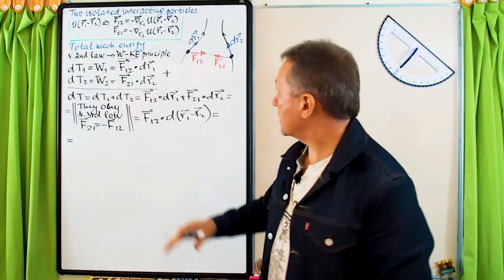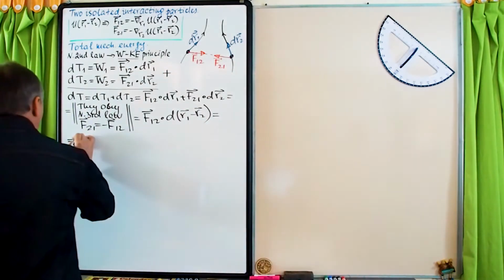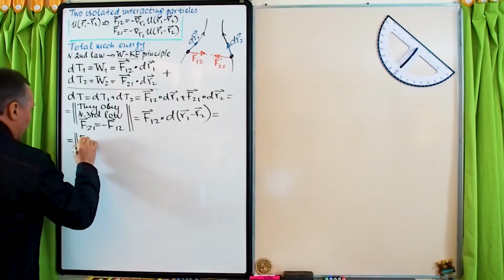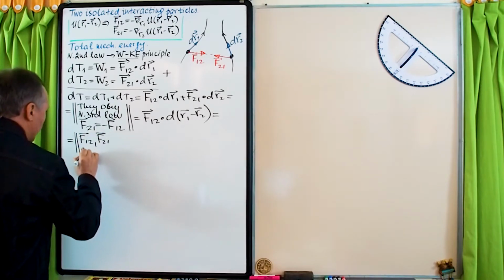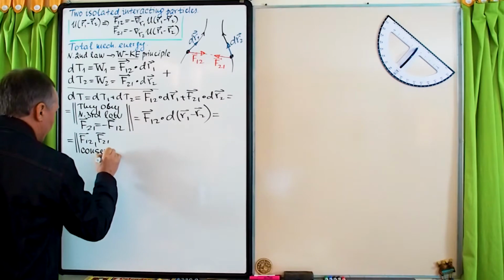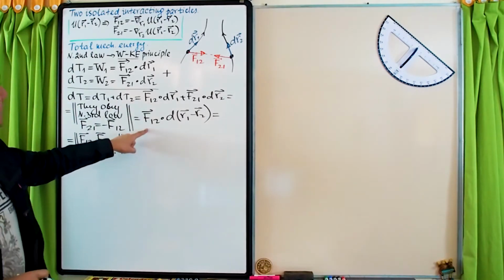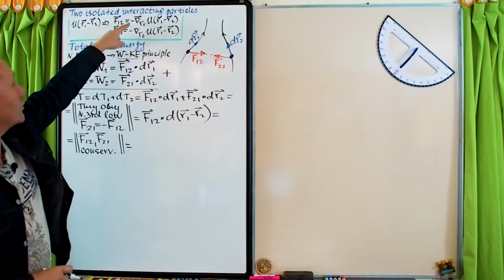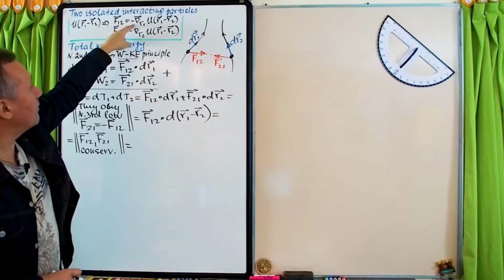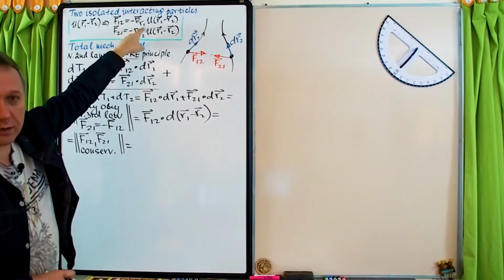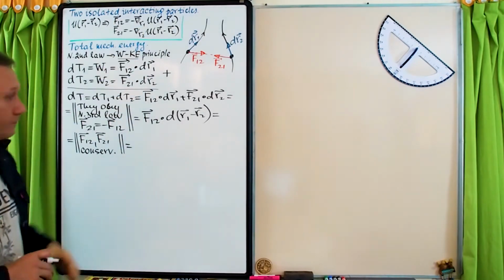So these internal forces, F12 and F21, are conservative. As a result, we can use this. Actually the first one, since I decided to keep the F12 force, it will be minus the gradient taken with respect to the coordinates of the first particle.